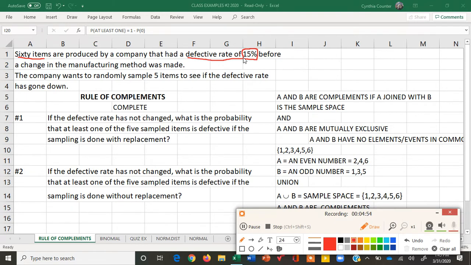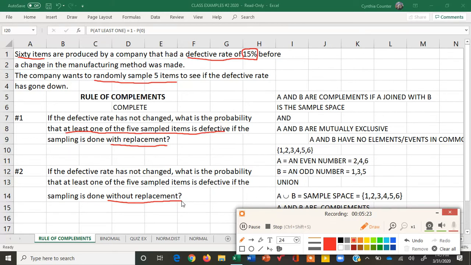But we're going to see what the probability is of, when we randomly sample 5 items, at least one of the 5 items is defective. And we're going to be doing the sampling in 2 different ways. First, we will do the sampling with replacement. Then we will do the sampling without replacement.